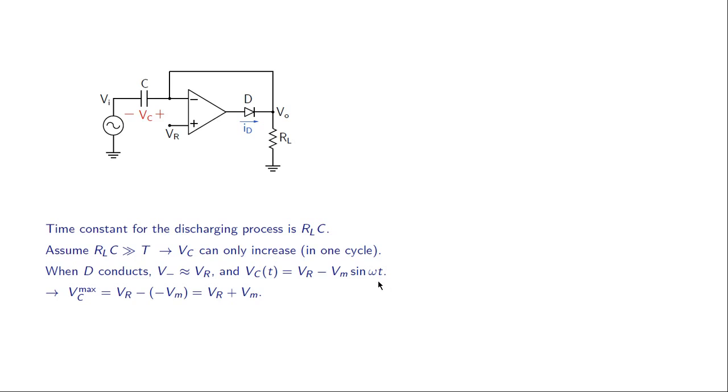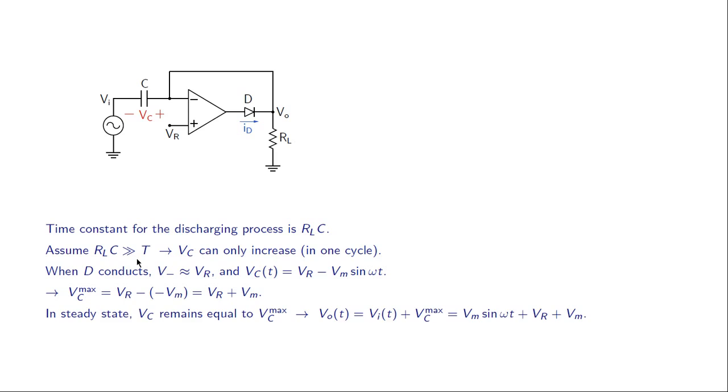Now this quantity is maximum when this Vm sin omega t is minimum. And what is the minimum value of Vm sin omega t? It is simply minus Vm. So therefore we have Vc max equal to Vr minus Vm, or Vr plus Vm. And as we mentioned, once the capacitor voltage reaches this maximum value, it cannot decrease anymore as long as this assumption holds.